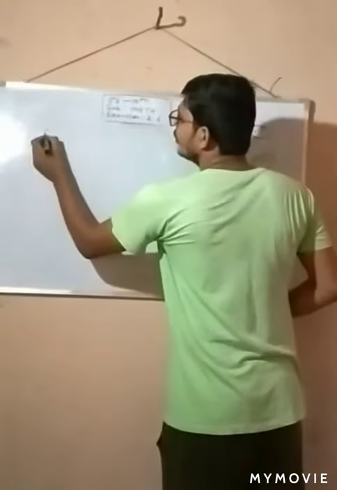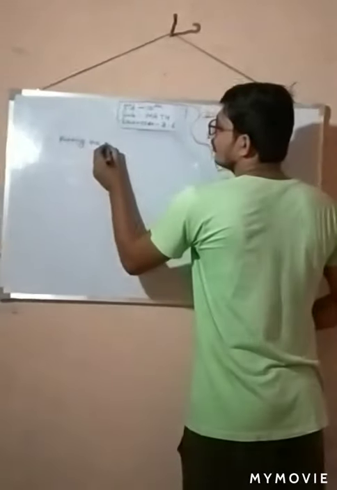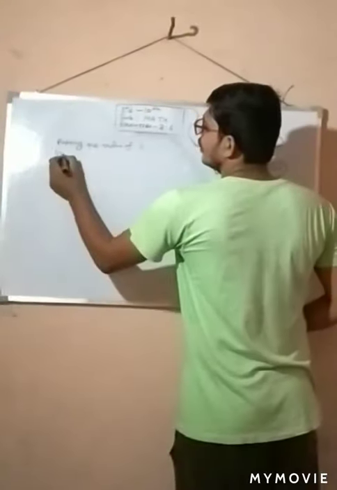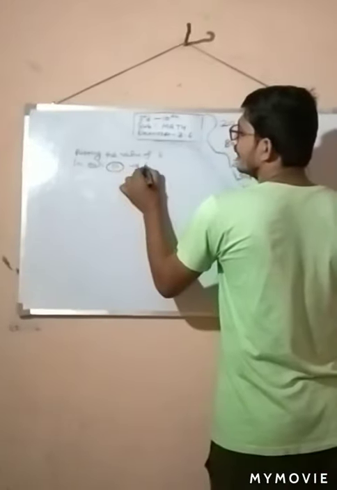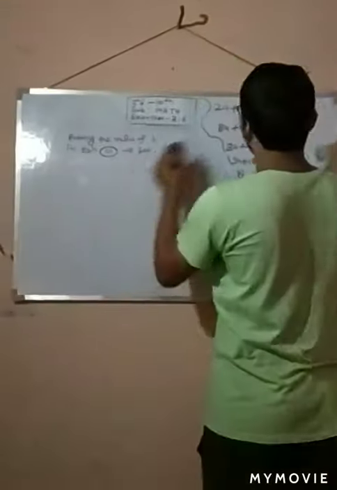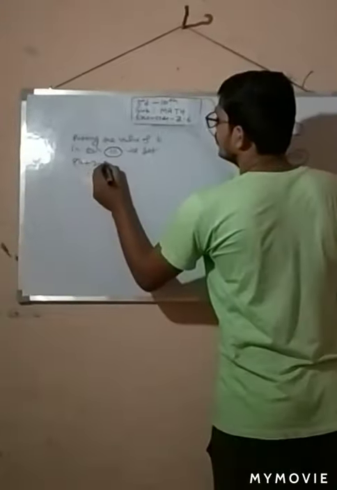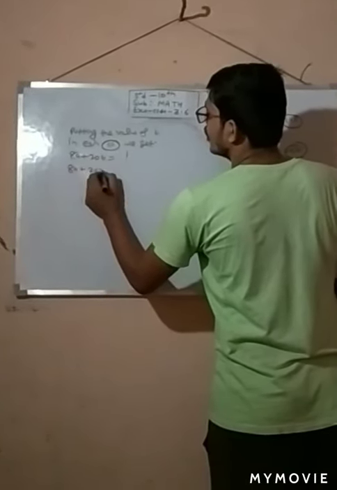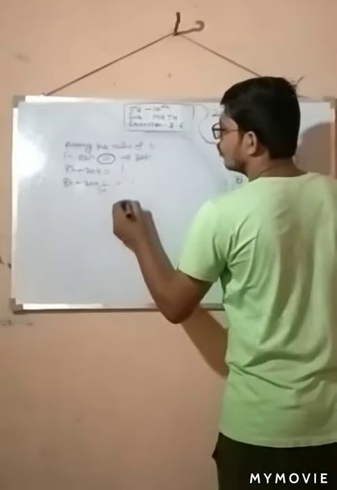Putting the value of B in the third equation, we get 8A plus 20B is equal to 1. 8A plus 20 into the B value 1 by 36 is equal to 1.